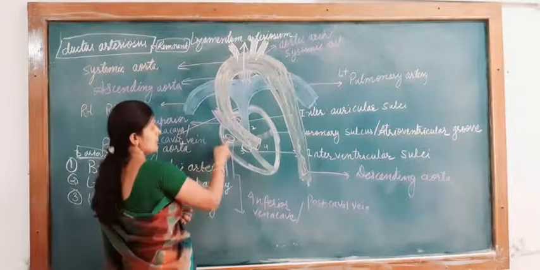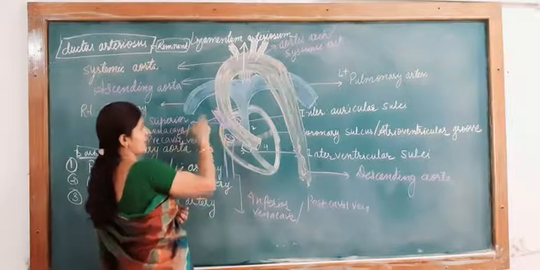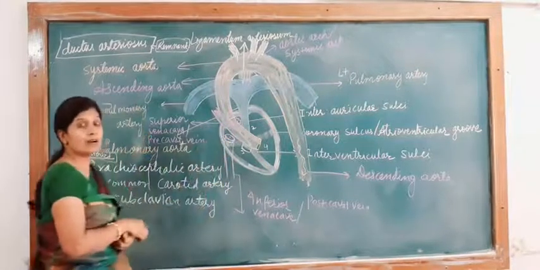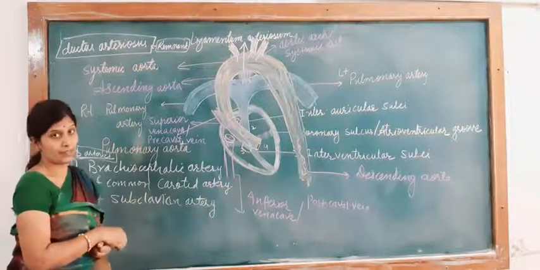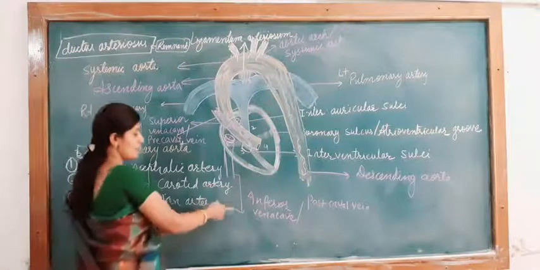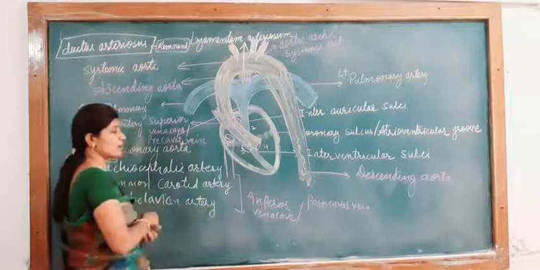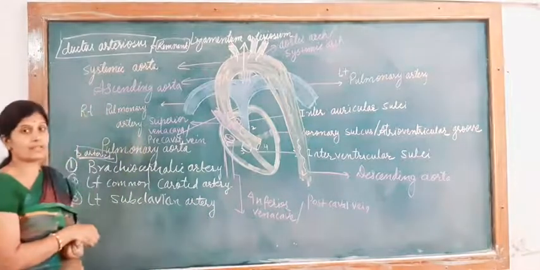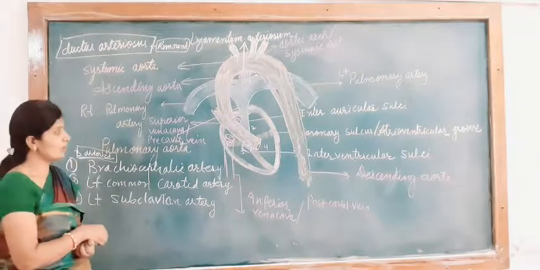From one side, the superior vena cava will bring the upper body parts' deoxygenated blood towards the heart, and the inferior vena cava or postcaval vein will bring the deoxygenated blood from the lower body parts.